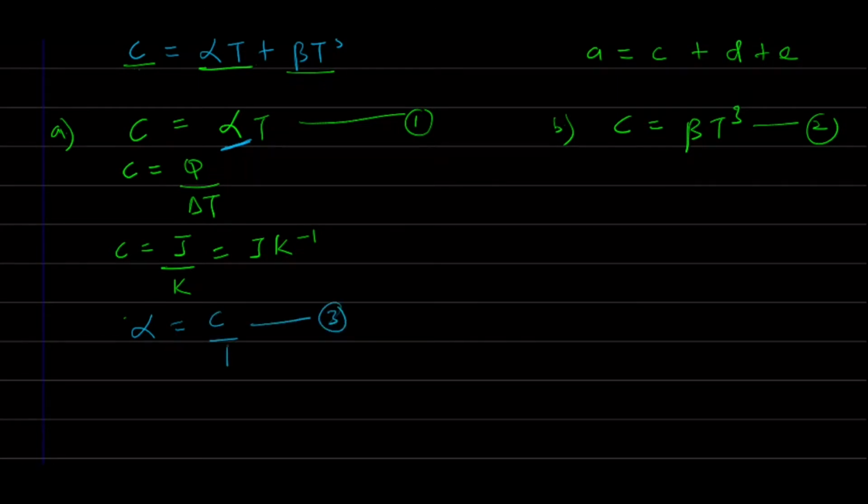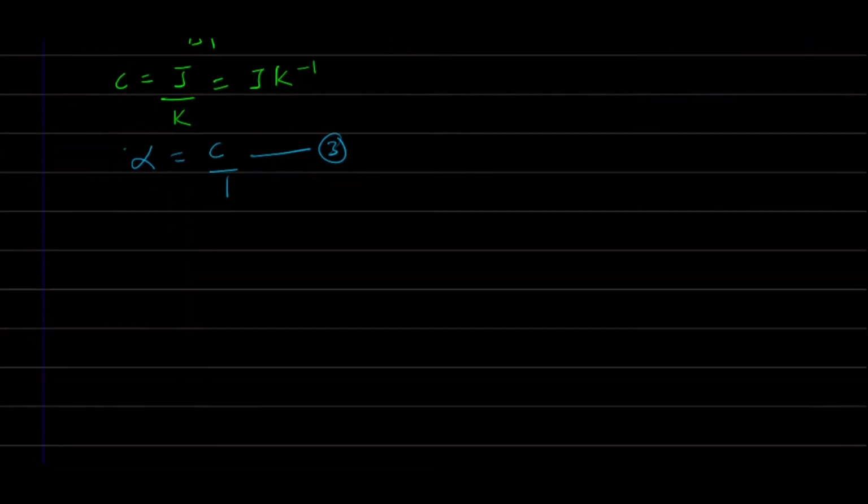Now we can substitute the units. The unit of heat capacity is joule per Kelvin, while the unit for temperature is Kelvin. If we simplify this, alpha is going to give us joule per Kelvin to the power minus 2. This is the unit for alpha.